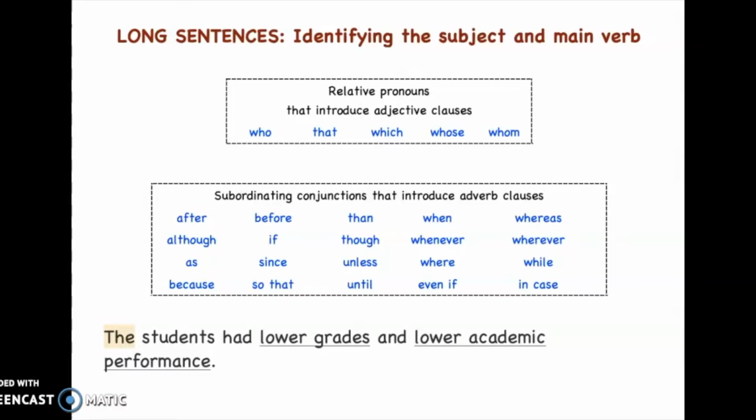Which students? The students. If we take out all of that, here's what we have left. We have students had. So this would be the subject, students, and this would be the verb, had. So these would be our subject and main verb of this sentence.